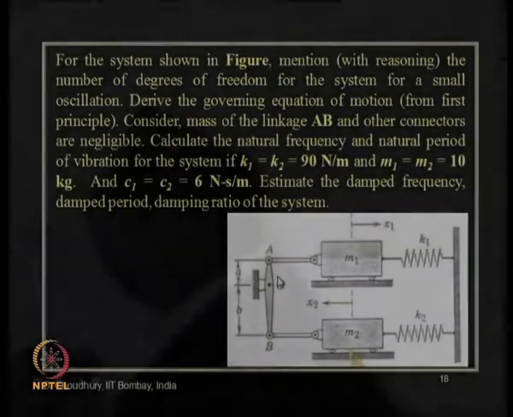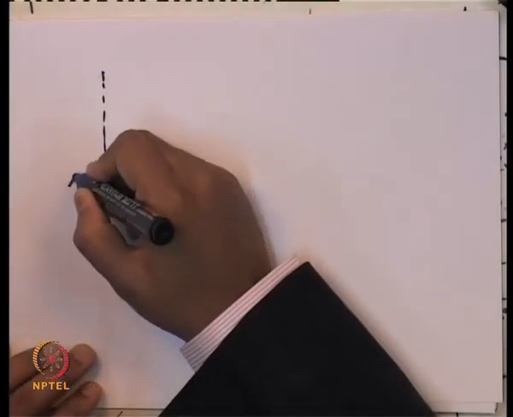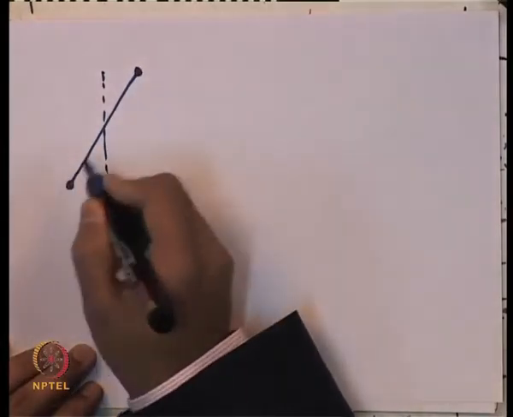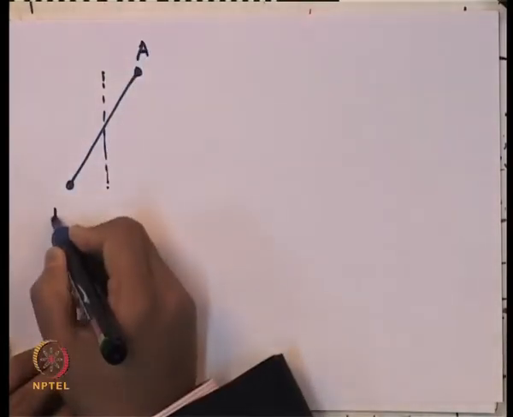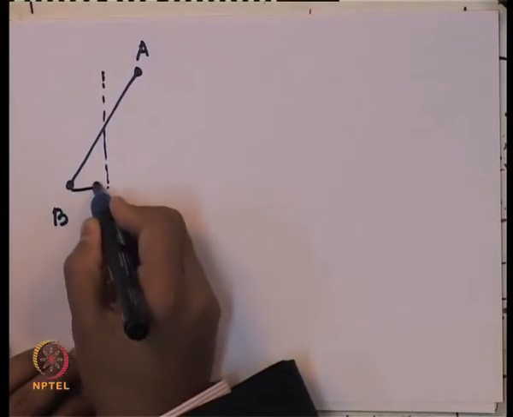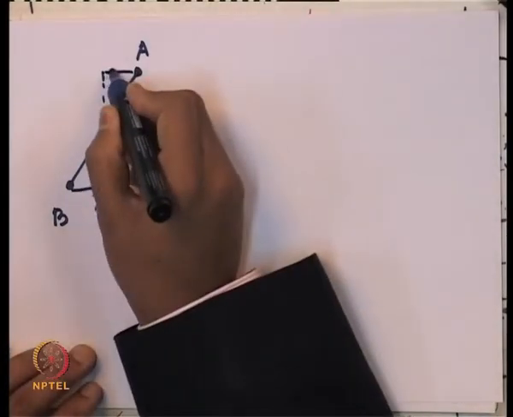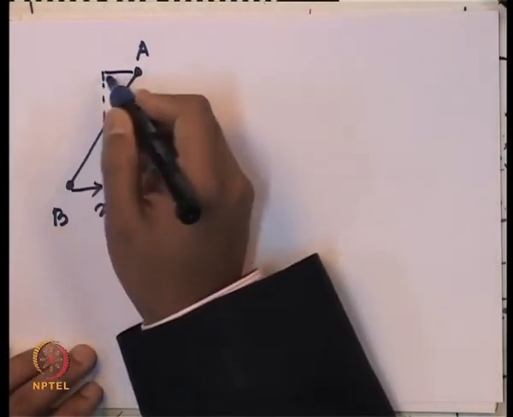The link shown over here, link AB, we are drawing the free body diagram. This end is moving by x2, and this end is moving by x1.